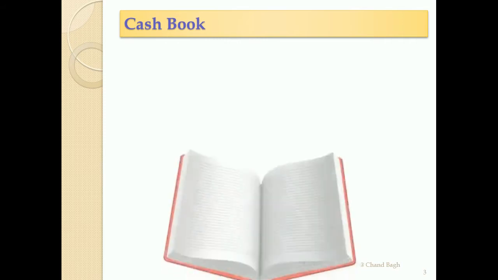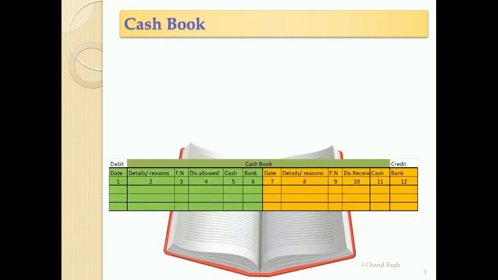As I have told you that it is a part of double entry system, so the shape of this book looks like a ledger. So it has two sides. One side, left hand side, is your debit side, and right hand side of this book is your credit side.